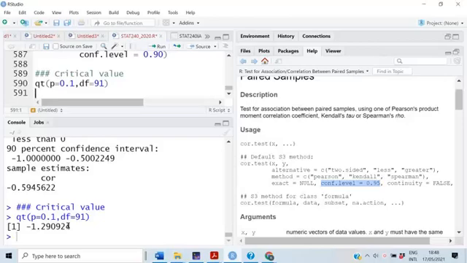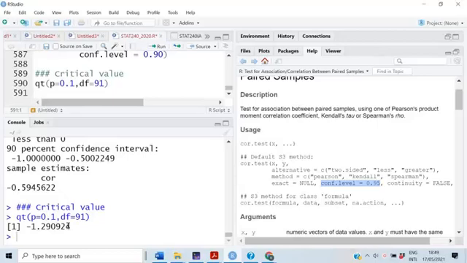If that point includes 0, then we cannot reject this null hypothesis. If it excludes 0, then it is highly likely that there exists a correlation. So let's look at the confidence interval.